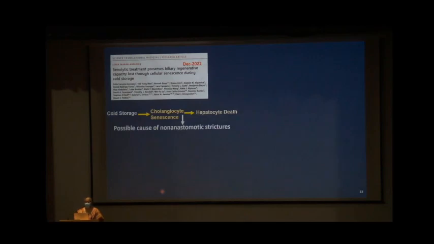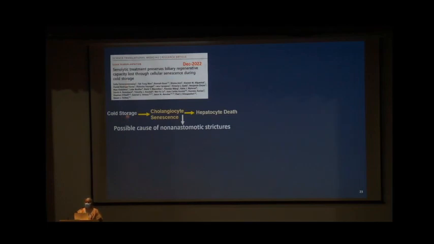So what is known in the literature is, the title of this is again from the Edinburgh group of Dr. Stuart Forbes. The title of this paper is Senolytic Treatment Preserves the Biliary Regenerative Capacity Lost Through Cellular Senescence During Cold Storage.